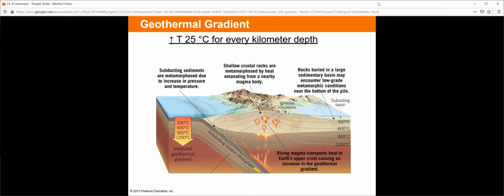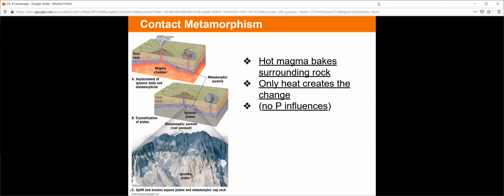Likewise, those magma bodies shown in the center, around those, that shallow crustal rock can undergo metamorphism. And with shallow burial, if you get deep enough, the gradient can still kick in. You can get some shale to slate, as was shown earlier. Contact metamorphism, as I said, follows the exact same way we were talking about.